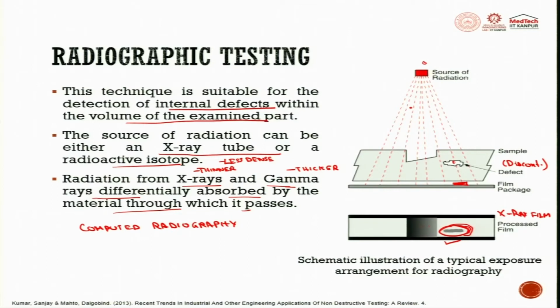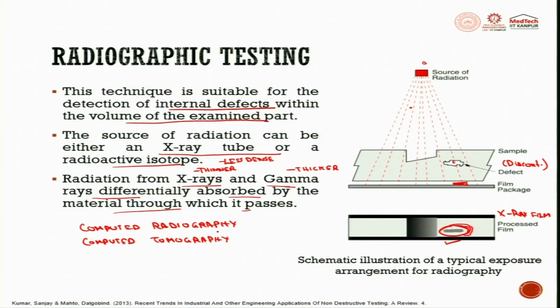Similarly, we have CT, the computed tomography, what we generally call the CT scan in the medical sciences as well. This involves a computer to reconstruct an image of a cross-sectional plane of an object, as opposed to the conventional radiograph. So this is also one of the ways.